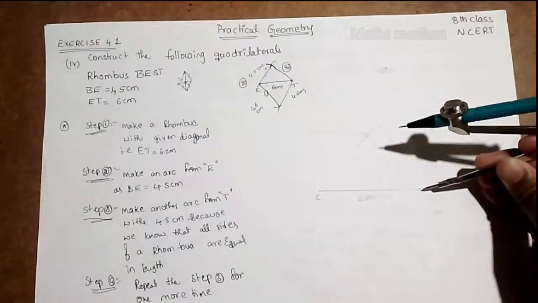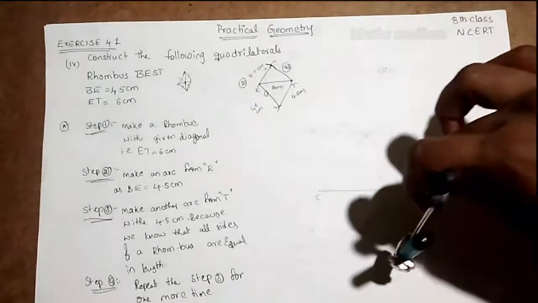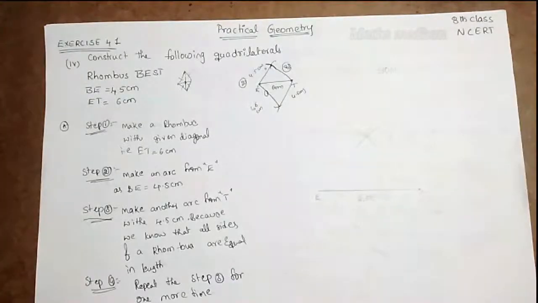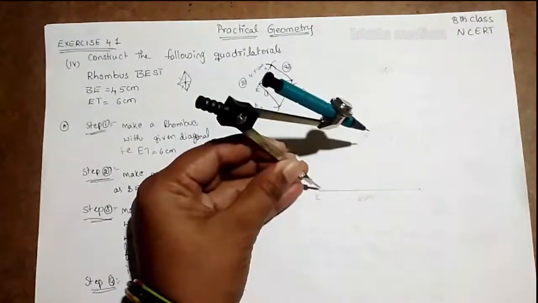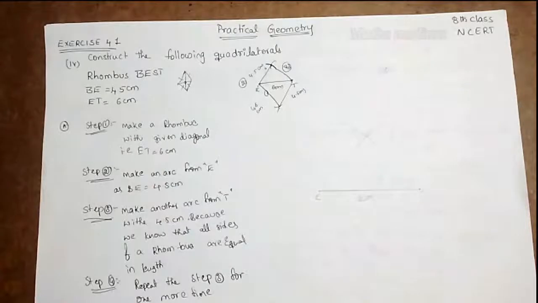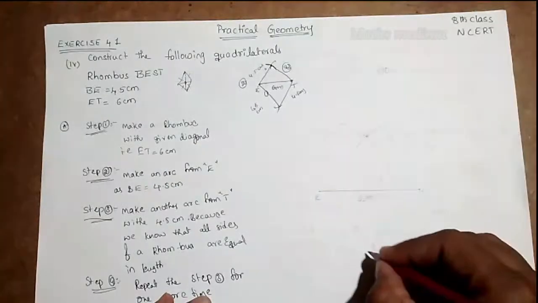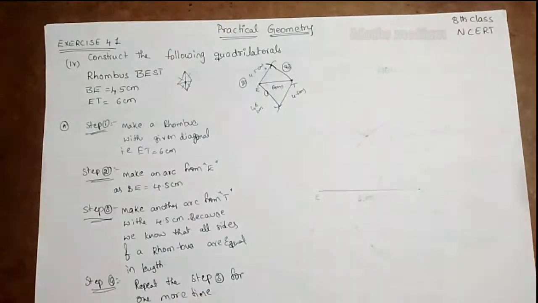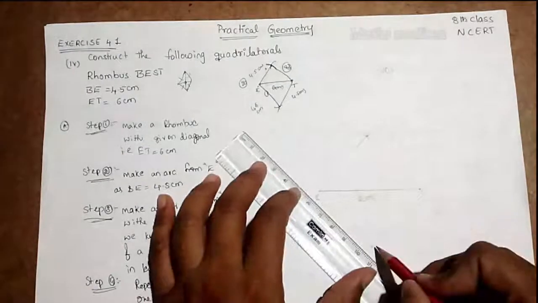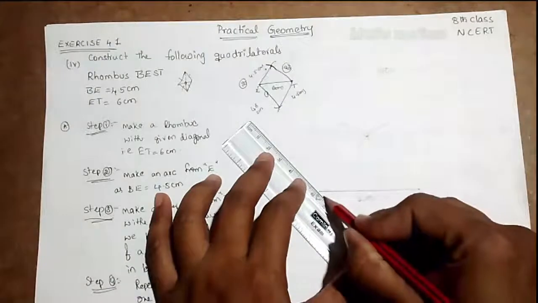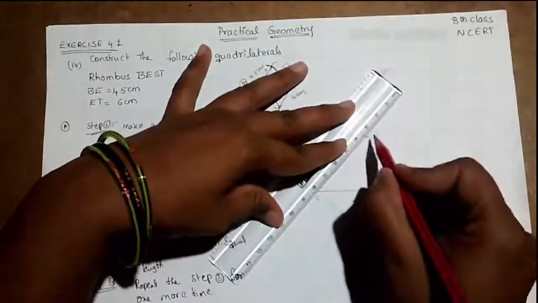So this is the one, and from E this is the other one. Highlight the points where the two arcs are meeting. Now join the points like this.